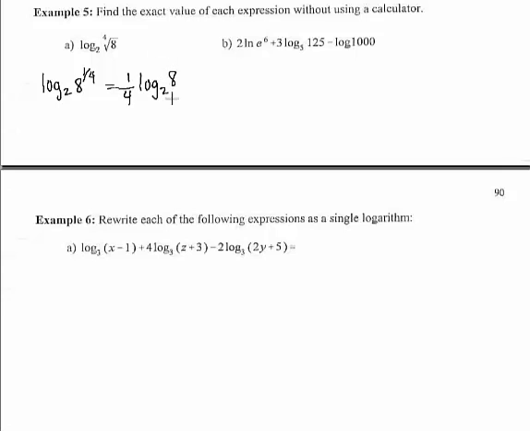And 2 and 8 are easy numbers in terms of a log function. Log asks the question, what do we raise the 2 to? Okay, what exponent should we have with a 2 to get an 8? 2 times 2 times 2. 2 to the third power is 8, so this works out to be 1/4 times 3.